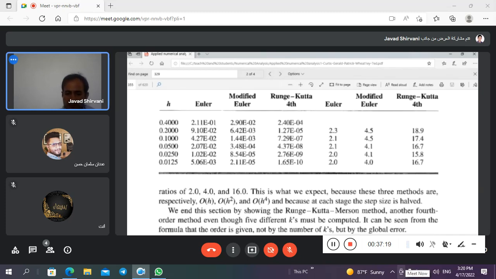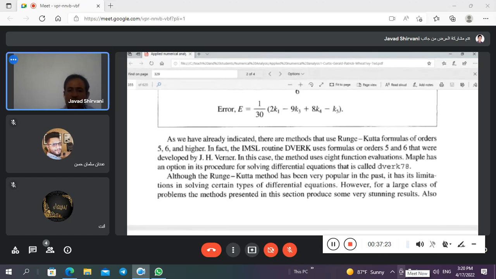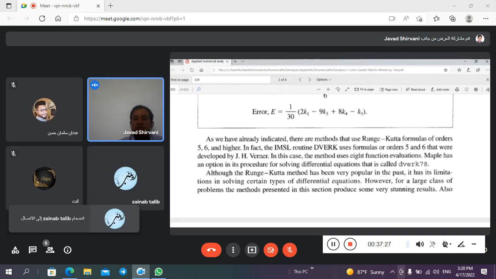This is the Runge-Kutta-Merson method. We have this formula. Any questions?